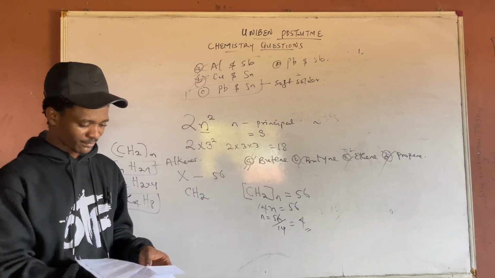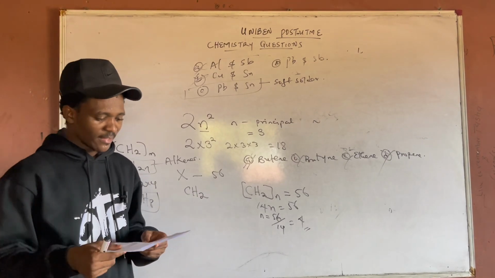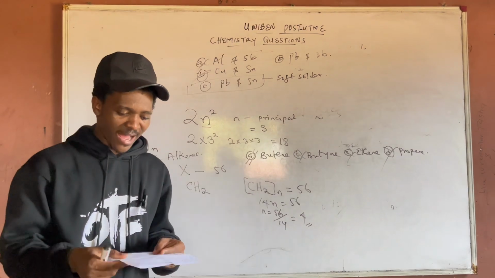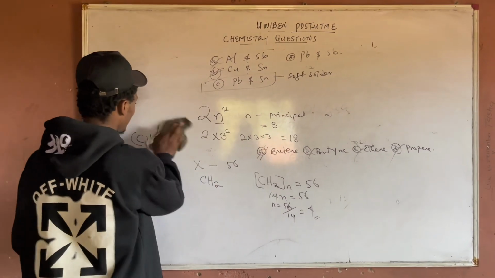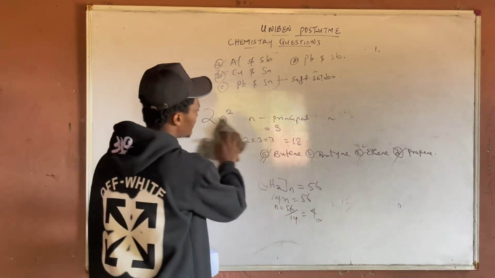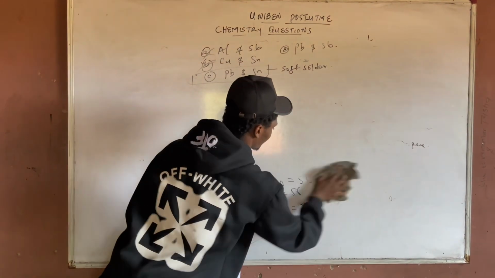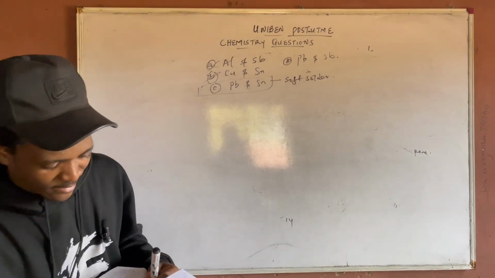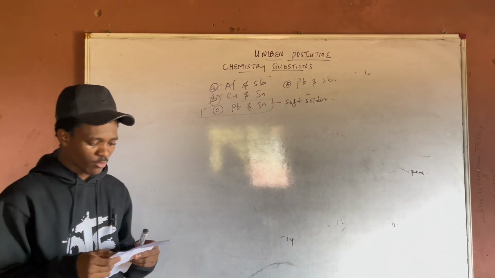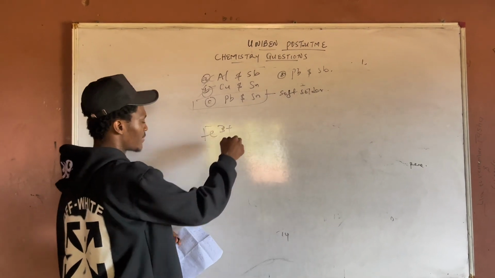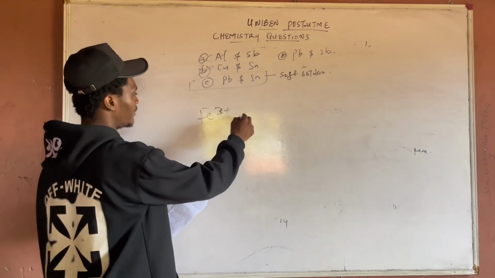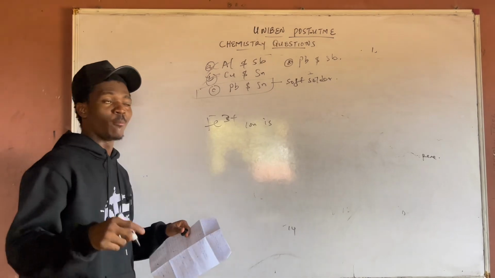Next question. The atomic number of iron is 26. They said the number of unpaired electrons in the iron 3 plus ion is the number of unpaired electrons.